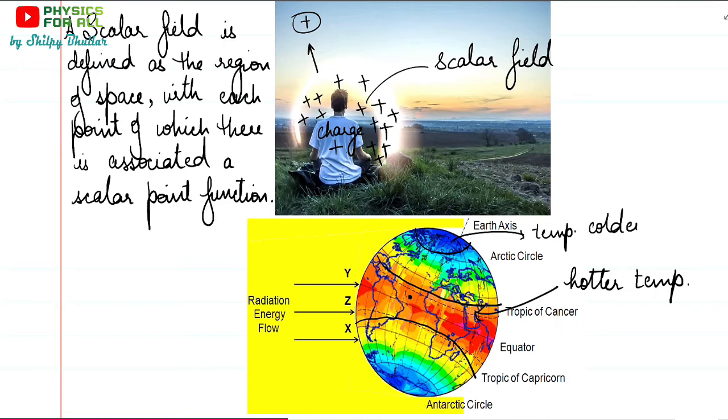Whatever temperature is at this particular dot, the same temperature is spread over this entire region, whichever is in reddish orange color. Similarly, here you can see the blue color. Whatever temperature is at one particular point, the same temperature is there everywhere inside this region. So this is the field of that temperature.